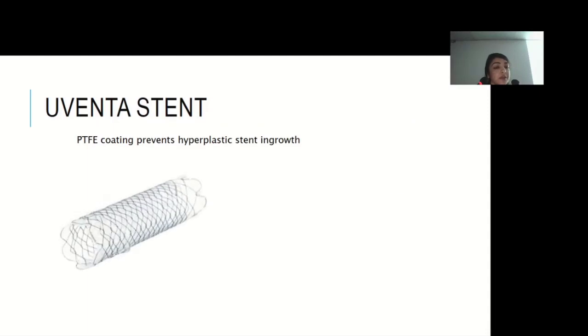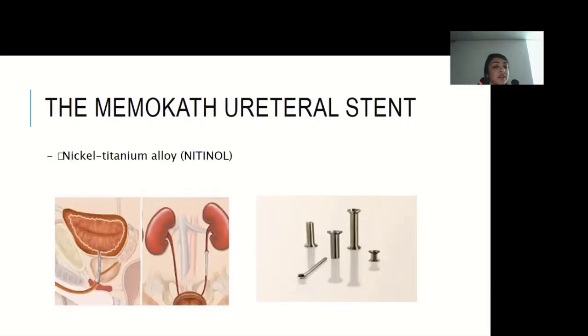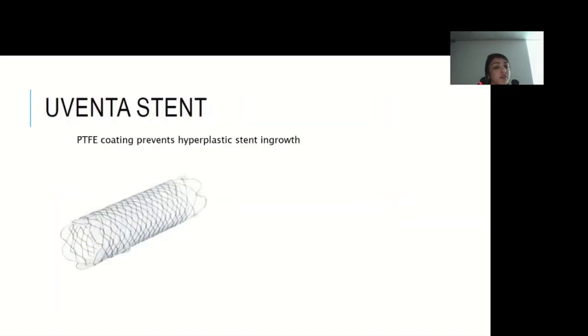Juventa stent is designed basically to provide rigidity at the outer surface, because the problem with the metallic stent was that they usually migrate up or down in the bladder. But after modification of the shape of the stent, it is made with these wires and coated with PTFE.